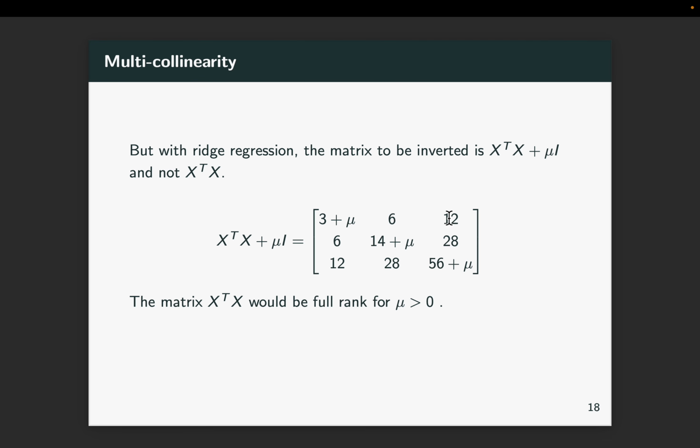Symmetry as in this third column is now not 2 times the second column, because in one of the rows you have added mu, and the corresponding in the third row you have also added mu. So this is another interpretation of regularization. You have made the problem more regularized, better conditioned, better behaved, and therefore you can now solve this problem using your normal equation method also, if you add some amount of penalty term.